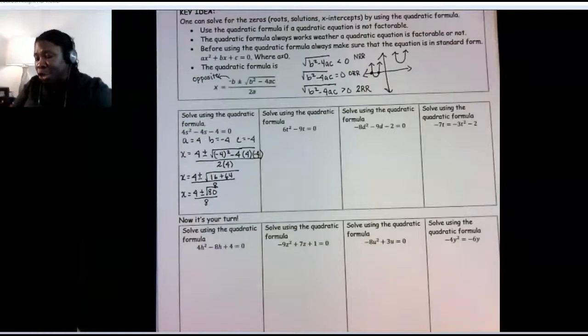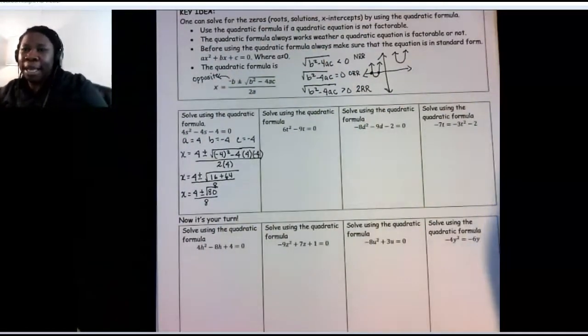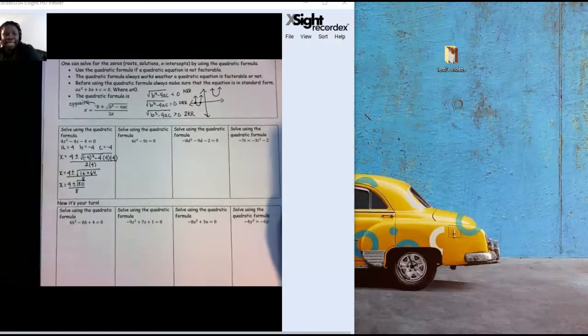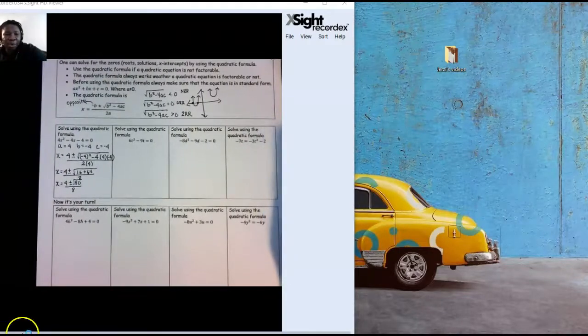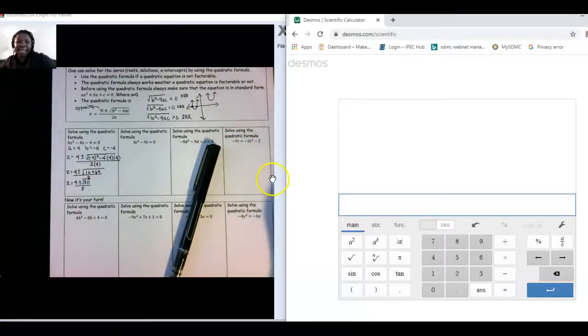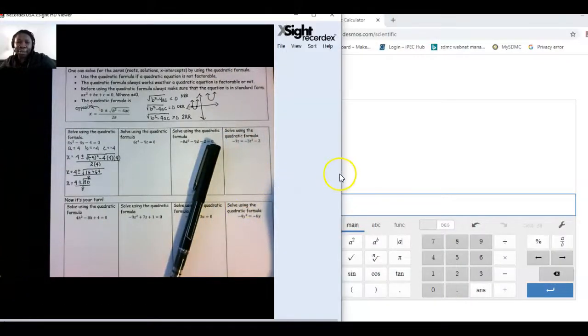But here's what you're going to do in Algebra 1. I'm going to minimize the screen, and I'm going to use Desmos, the calculator Desmos. It has a scientific calculator, and so that's what we're going to use. All right, as you can see here, I have the Desmos calculator. Give me just a moment.